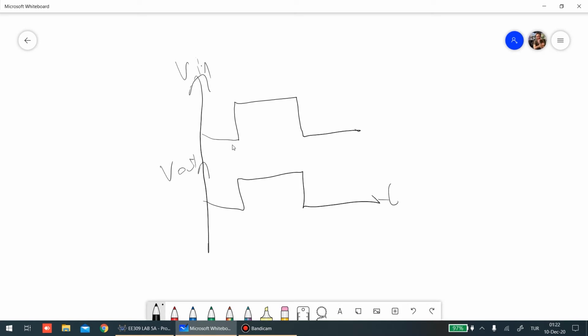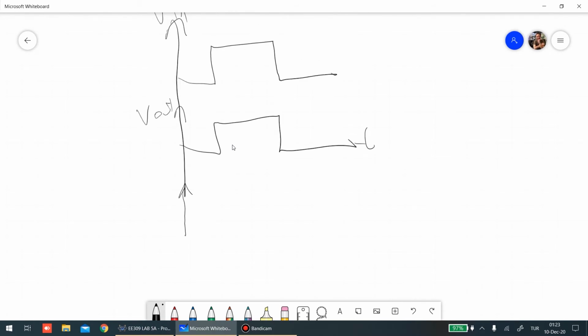It's the desired output, however, in real life, the output will be like this.